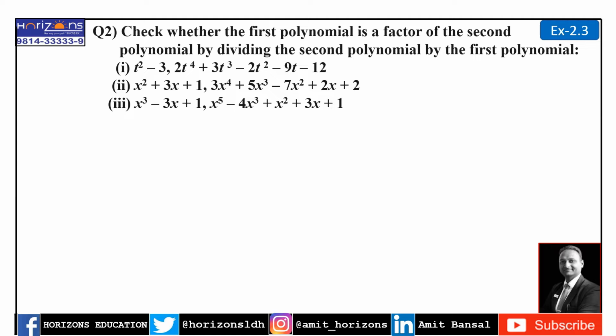So, taking the first example for you, here p(t) is equal to 2t raised to power 4 plus 3t cube minus 2t square minus 9t minus 12, and g(t), that is the divisor, is equal to t square minus 3. Right? So let's start with the division.